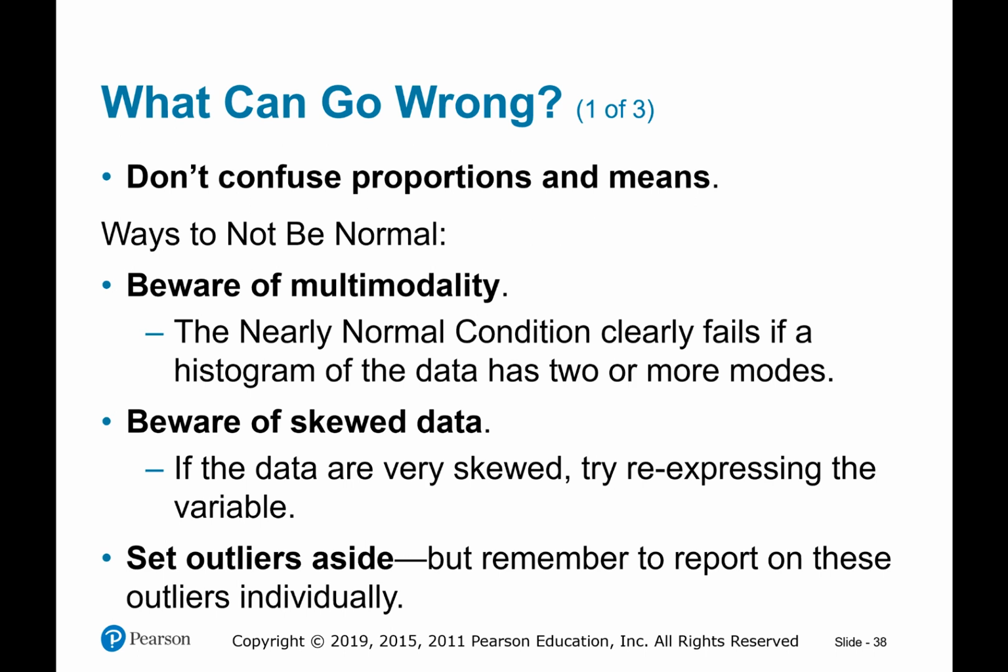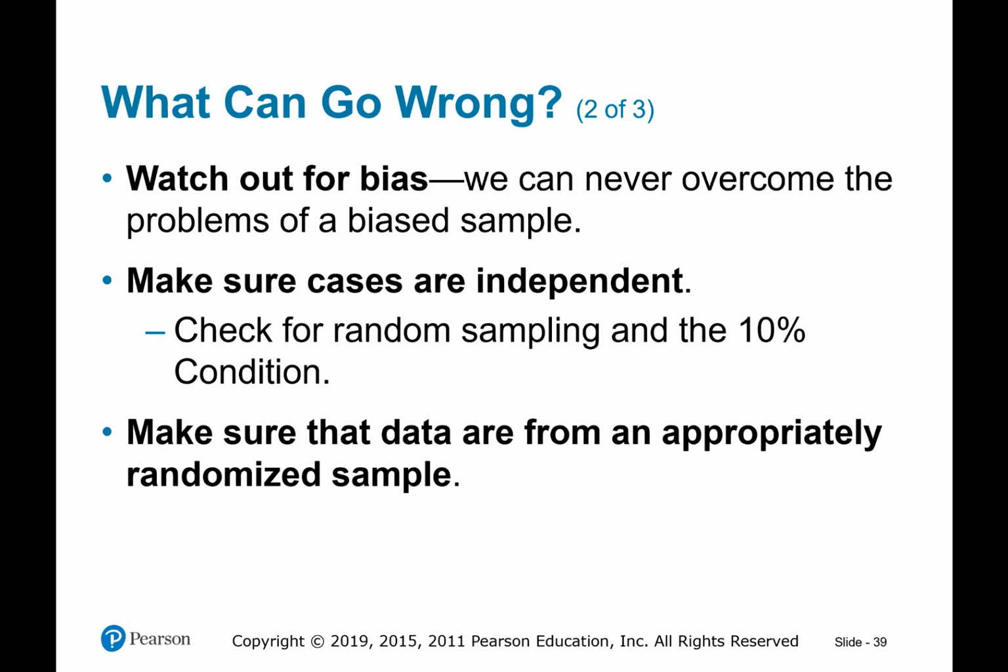All right, so what could go wrong? Again, we've switched from proportions to means. Skewed data, yeah, that's going to be a big problem. You can exclude the outliers, but make sure that you report that they do exist. Biased sample, there's no calculation that'll fix it.